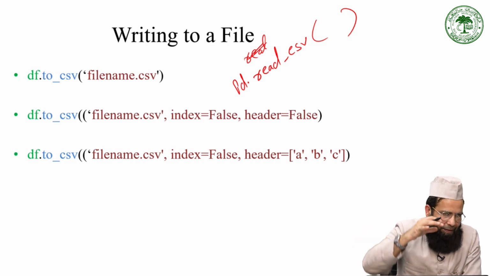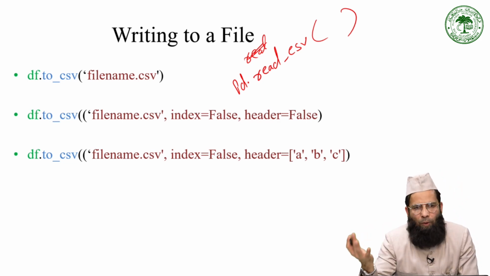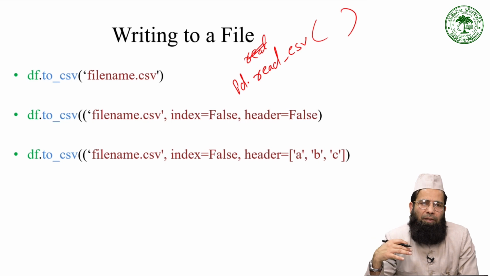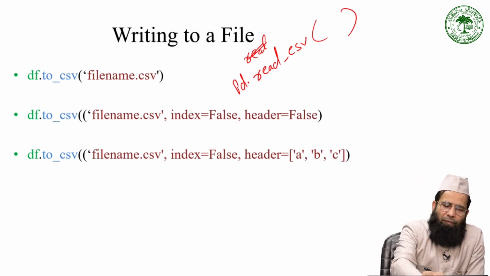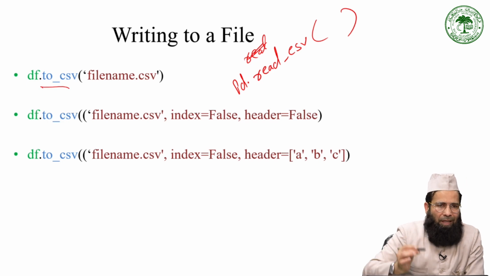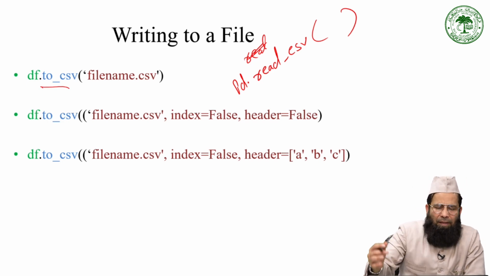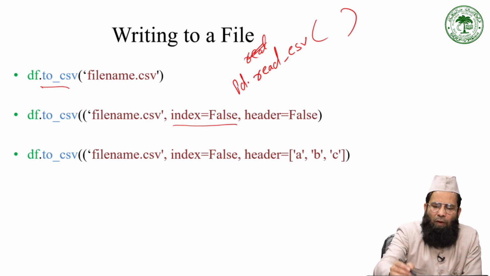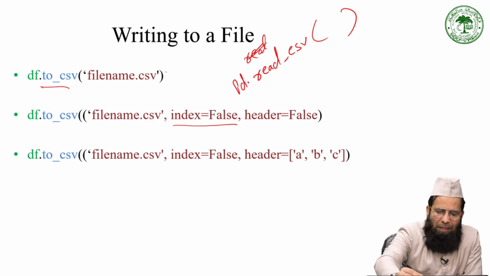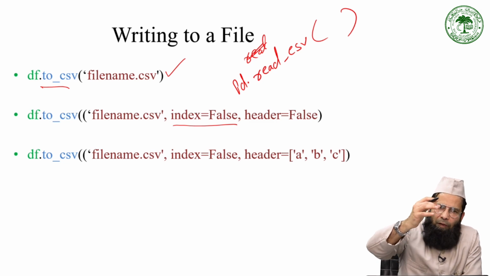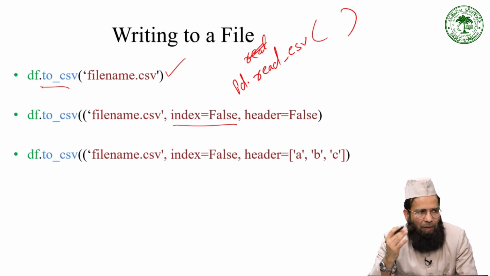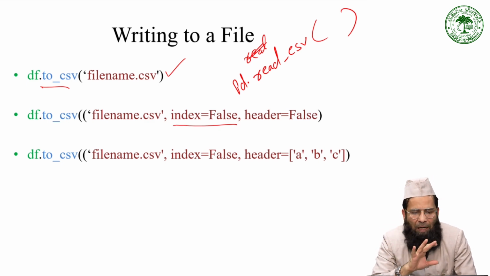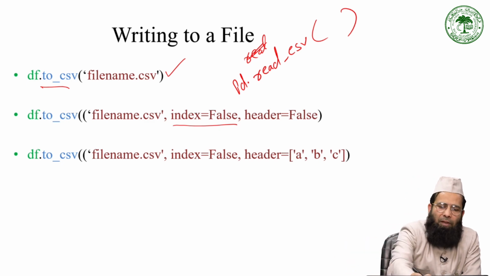Now, if you have a data frame and you want to write it to, let's say, .csv format, what method will we use? This is the particular method, to_csv. Now it has different variations. Index equal to false: if you are using this particular method without it, it will write the indexes as well. So if you have an index in your data frame, that will also be written to this file.